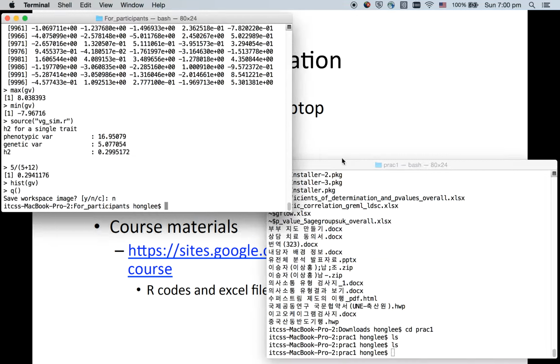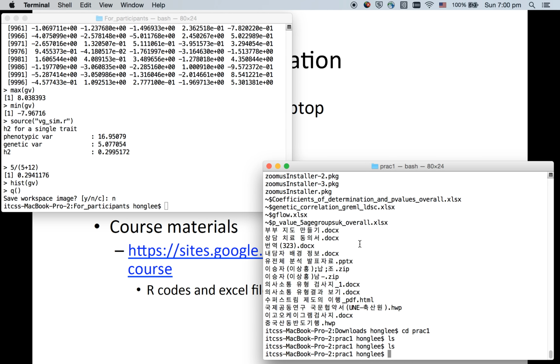I use a Mac, so the system looks like this, but Windows or other platforms are probably similar. You can probably use PuTTY or Cygwin or any other application.